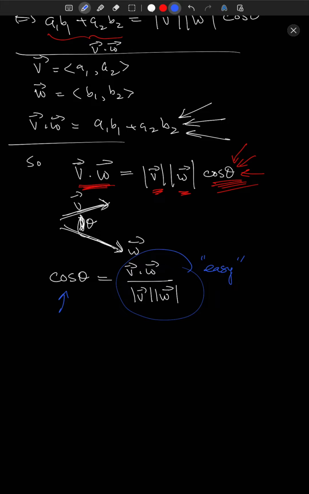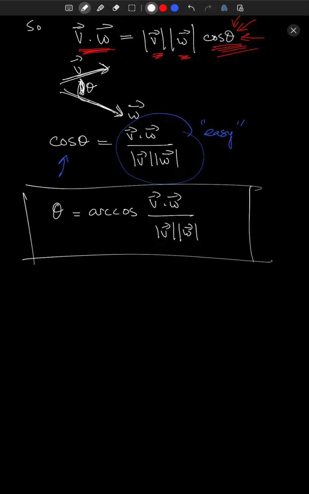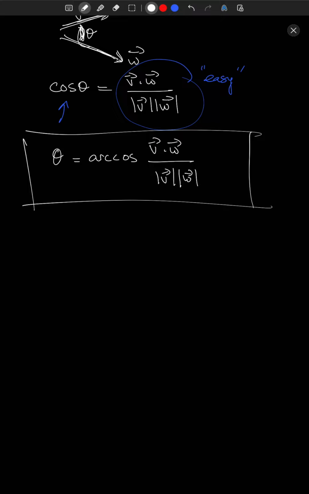In particular, I can be even more specific here. Theta is equal to arc cosine of v dot w over length of v, length of w. This gives us a simple application of the dot product.